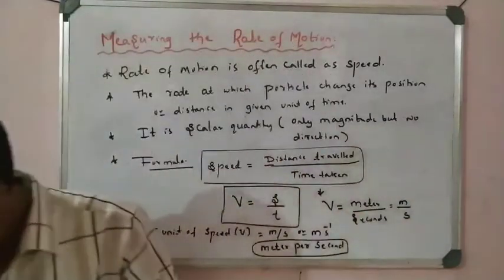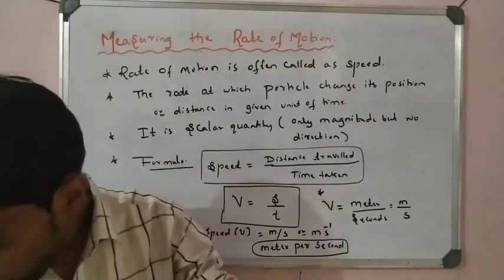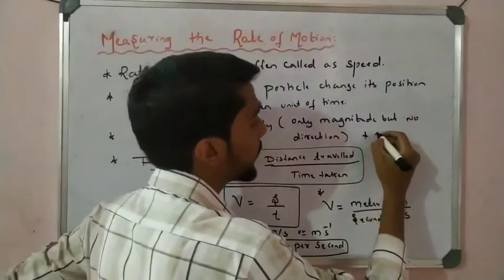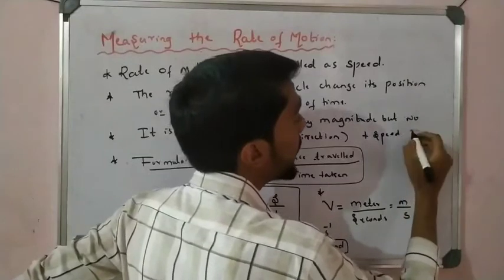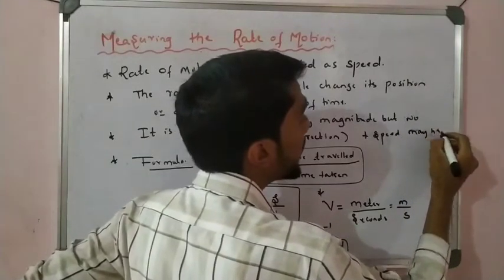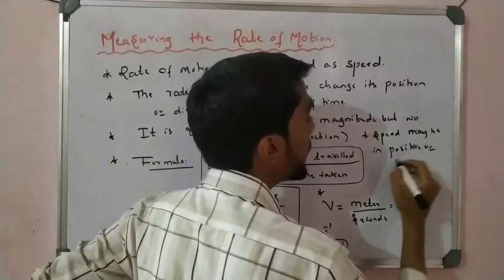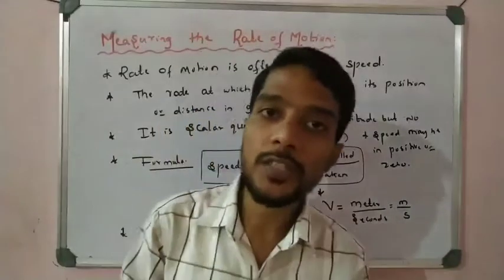That is a very important point you have to remember. Also, speed may be positive, or it may be 0. It is possible that the speed of an object is 0. If the object is at rest, the speed is 0.